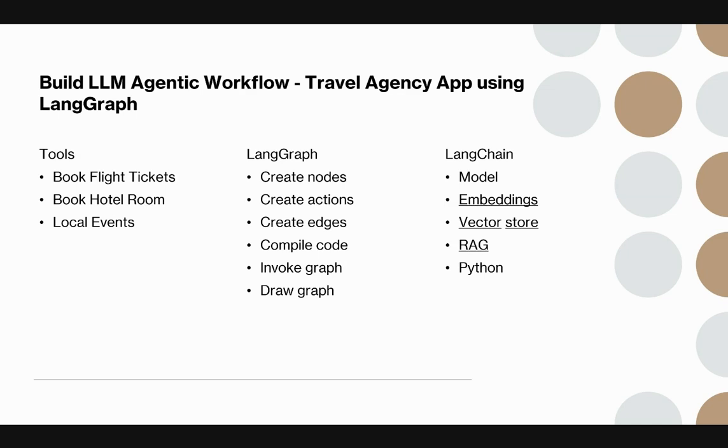As far as LangGraph, as we've seen, you have to create nodes, you have to create action nodes, you have to create your edges, you have to compile the code, you have to invoke the graph, and you can draw the graph if you want.